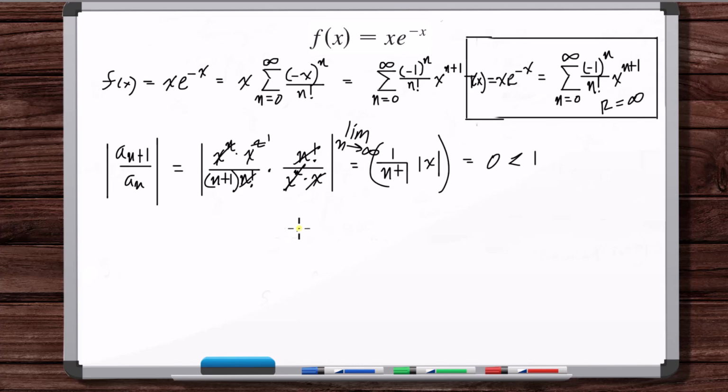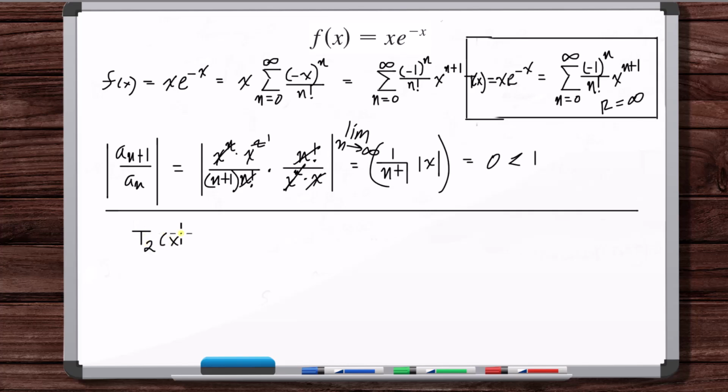Now just to make this interesting, instead of doing the first three, like n equal to 1, 2, 3, let's do T sub 2, and then maybe we'll do T sub 4 and T sub 6.